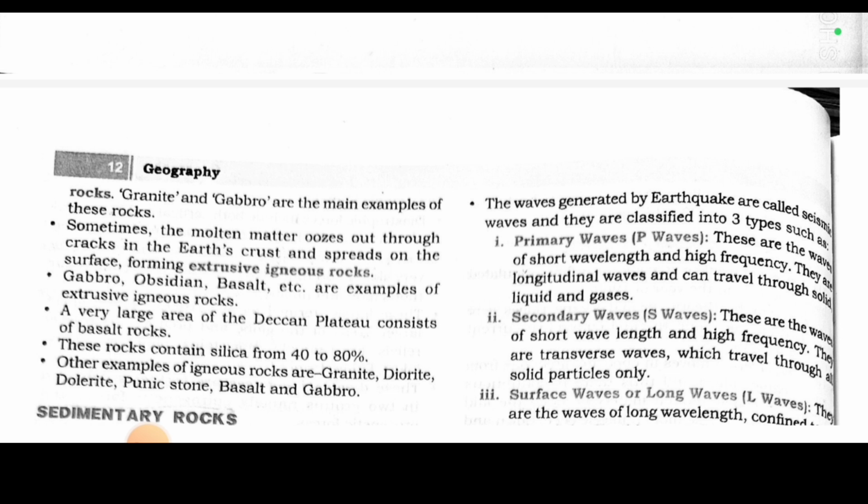Obsidian, basalt, etc. are examples of extrusive igneous rocks. A very large area of the Deccan Plateau consists of basalt rocks. These rocks contain silica from 40 to 80%. Other examples of igneous rocks are granite, diorite, dolerite, pumice stone, basalt, and gabbro.